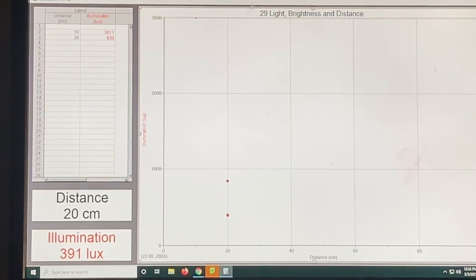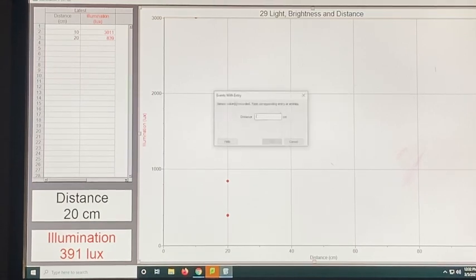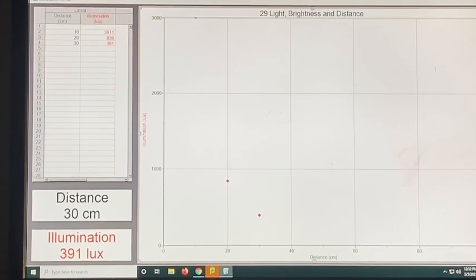Okay, keep that. Okay, so for 30 centimeters, we get 391 lux. That's the unit. Now we're going to go up to 40.